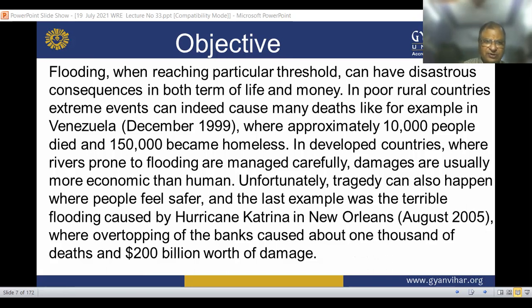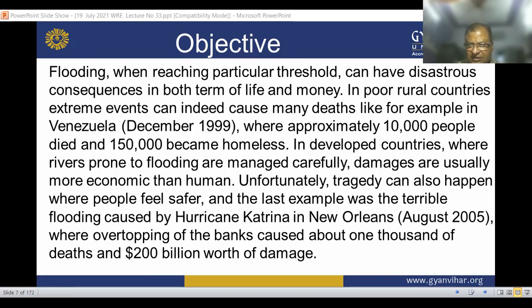For example, in Venezuela in December 1999, approximately 10,000 people died and 150,000 became homeless. In developed countries, where rivers prone to flooding are managed carefully, damage is usually more economic than human.